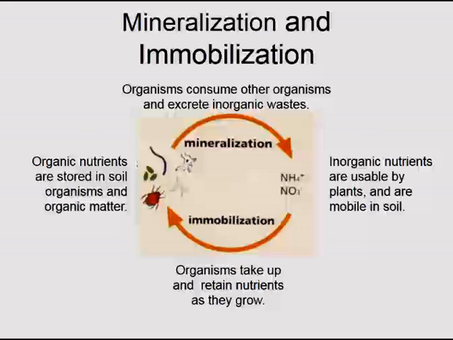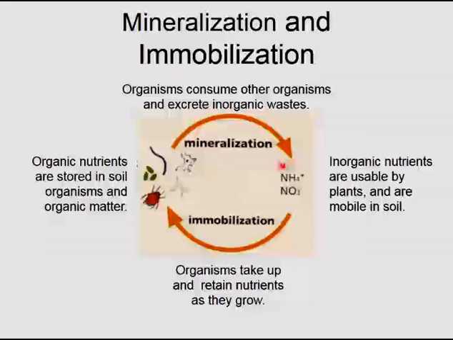And basically what happens is, what mineralization is, as you can see right here, we take something that is alive, or in other words an organic form, and through the soil microfauna and microflora, these bodies are then converted into inorganic nutrients.